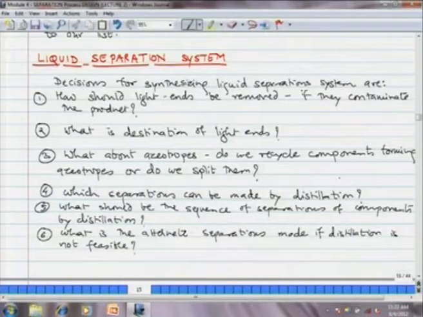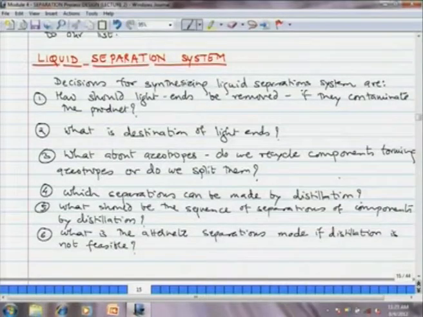Let us see the design aspects of the liquid separation system. What decisions do we need to make? I have listed these decisions on the screen. The first decision is how should the light ends be removed if they contaminate the product. Now, the liquid stream coming into the distillation column will contain some light ends.